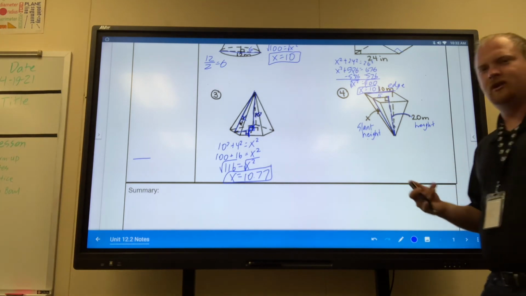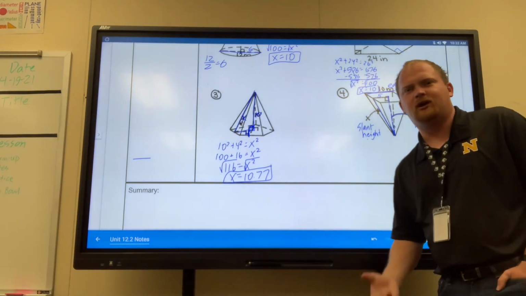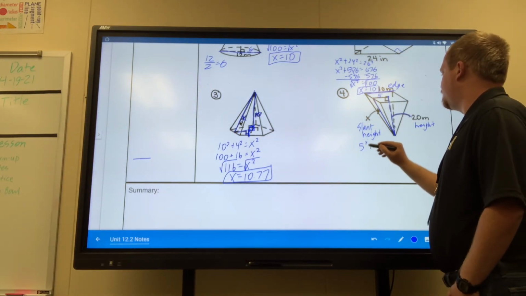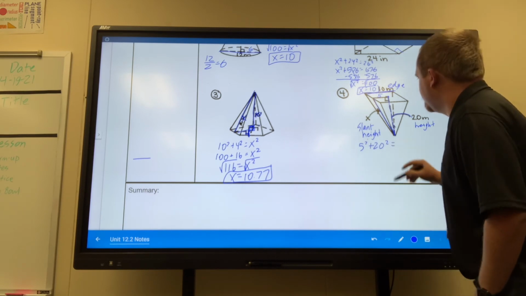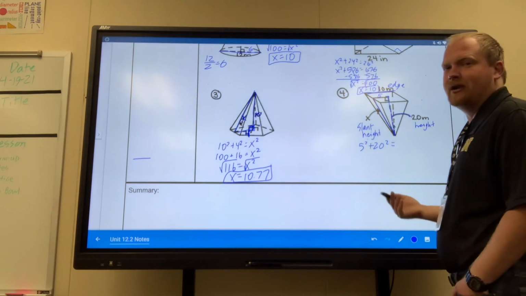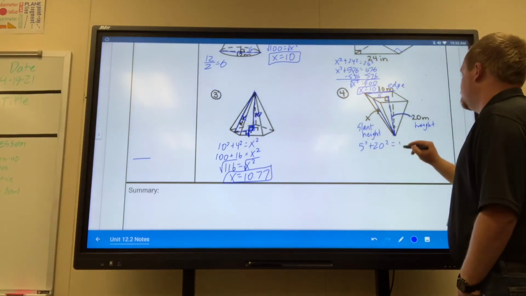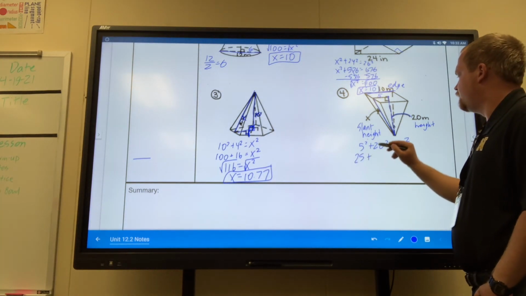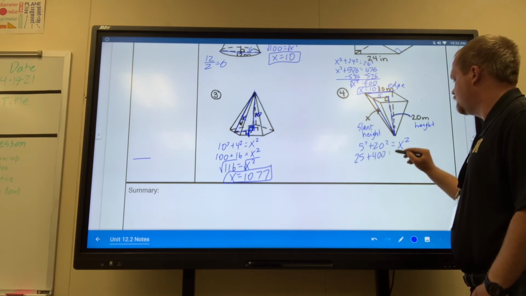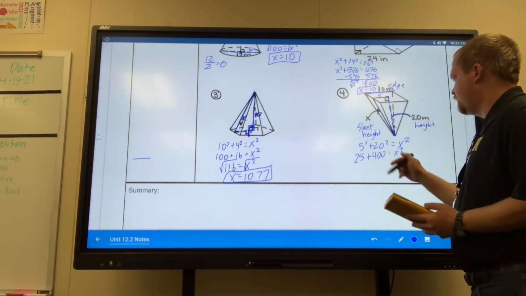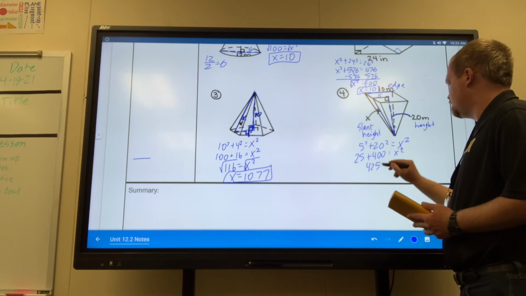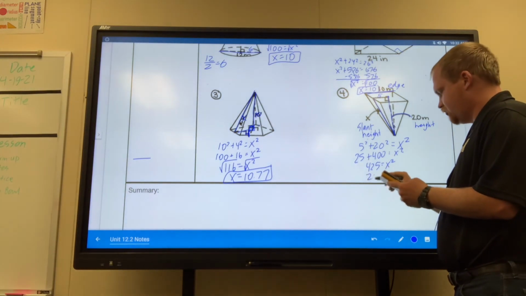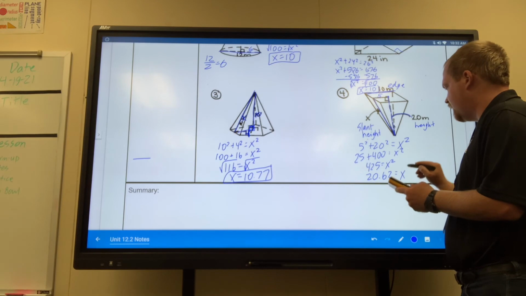So I should be able to again use Pythagorean Theorem to help me solve. We're doing 5 squared plus 20 squared, since they're both the legs. This slant height is my hypotenuse, so I'm going to make it x squared. 5 squared is 25, 20 squared is 400, 400 plus 25 is 425, and the square root of 425 is 20.62, rounded.